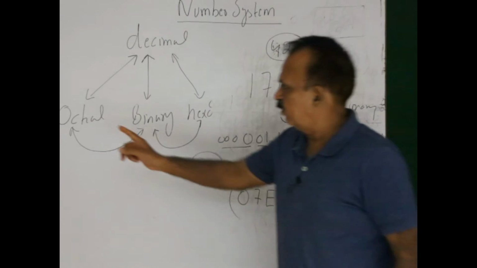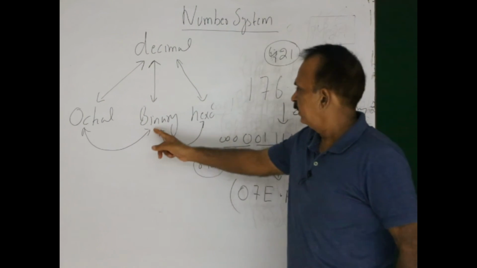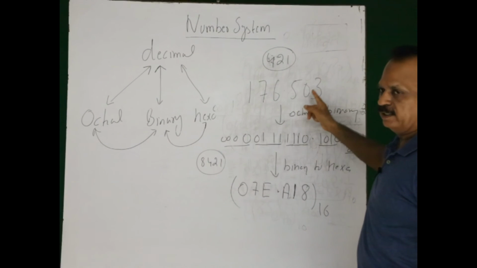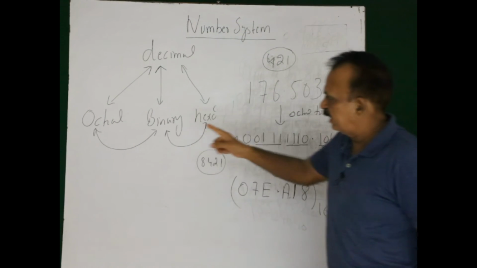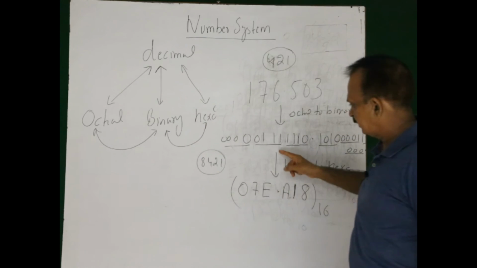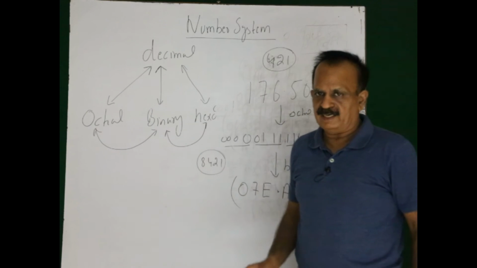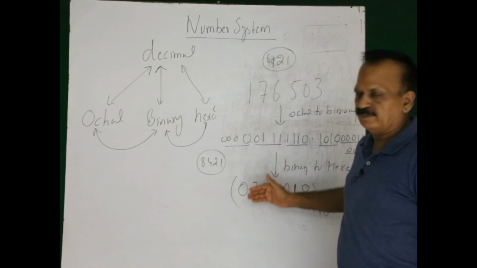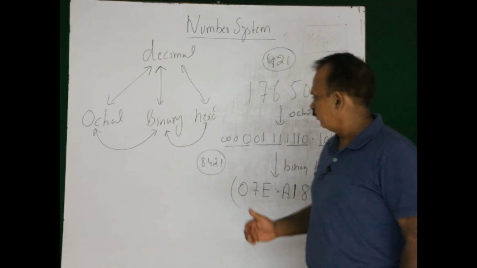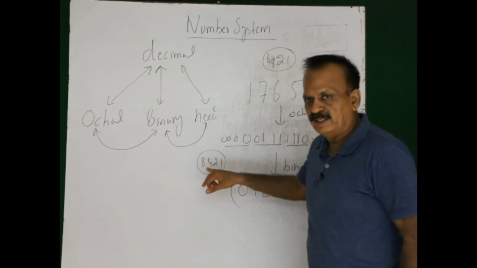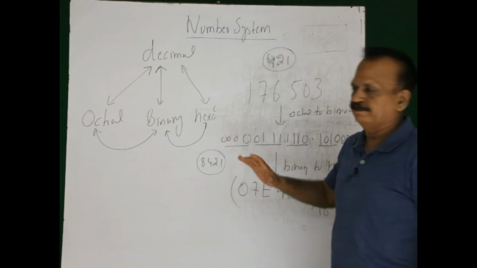So the conversion was first octal to binary, preparing a group of 3 bits for each octal digit, and then from binary to hexadecimal, preparing the 4-bit combinations and writing the hexadecimal equivalent for each of them, using the code 8421.